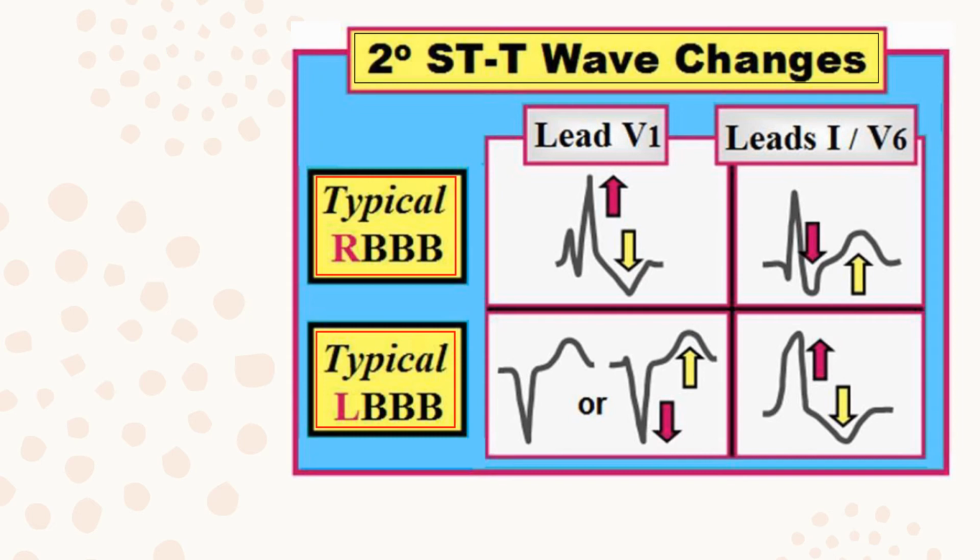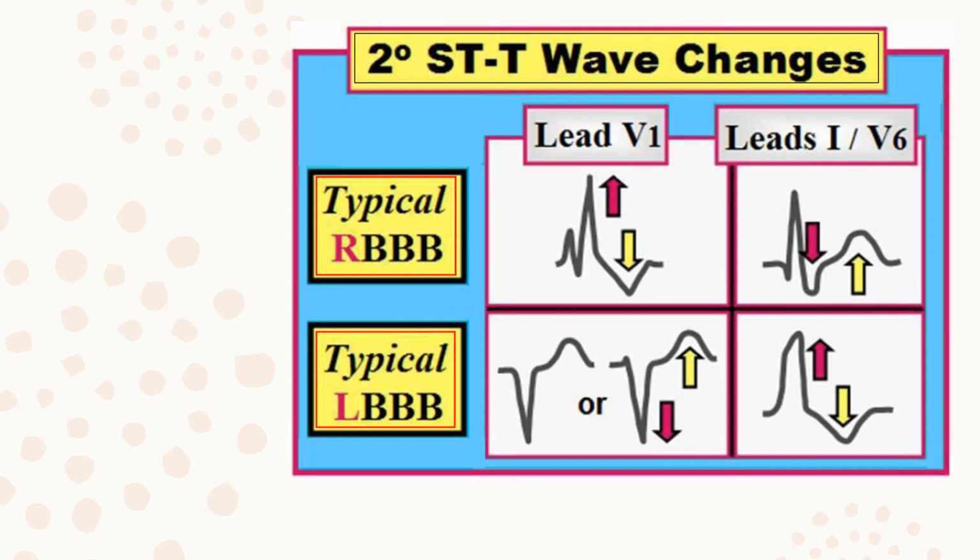So we have the RSR prime, and because the last deflection is that R, above the baseline, our T wave is going to be negative. It's going to be inverted. Whereas if we look at leads 1 and V6, the last deflection was the S wave, a negative deflection, so therefore the T wave is upright.